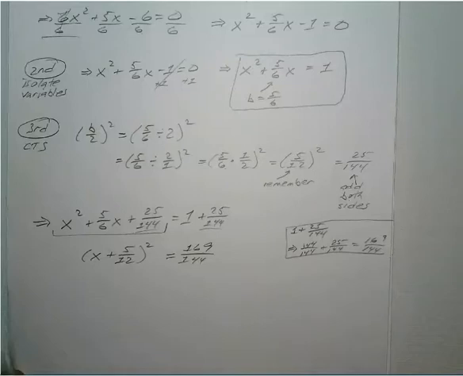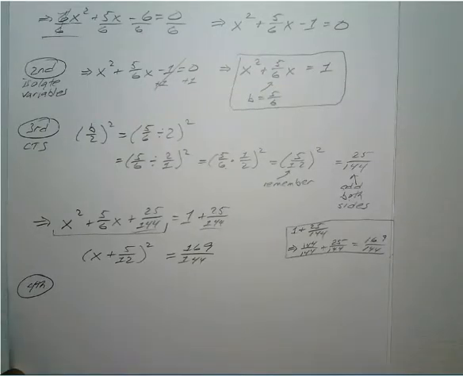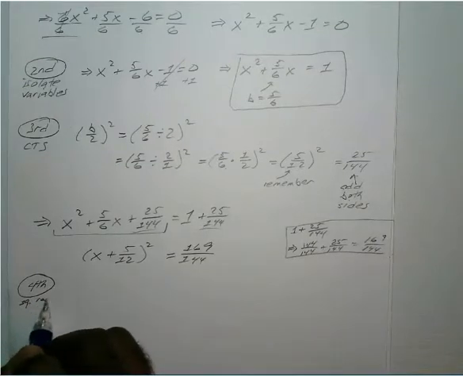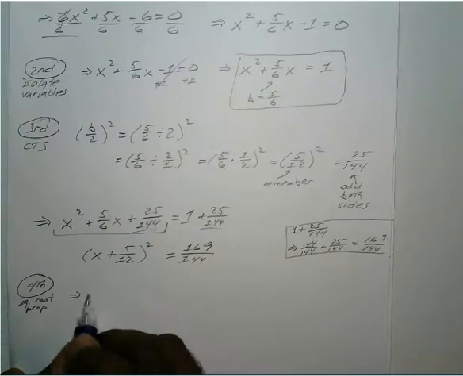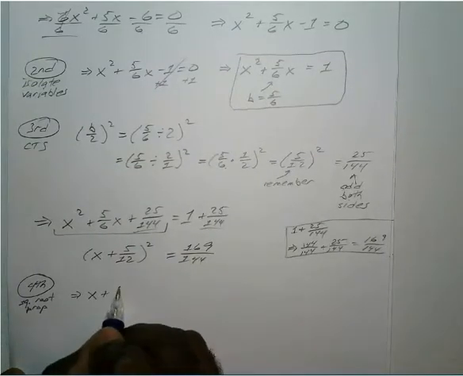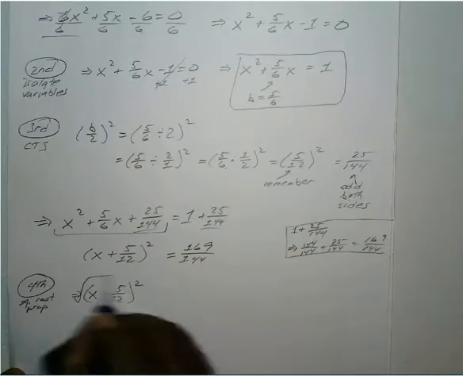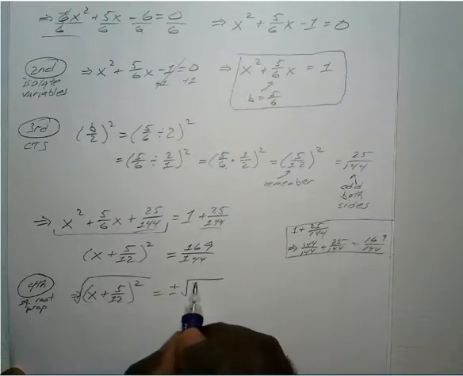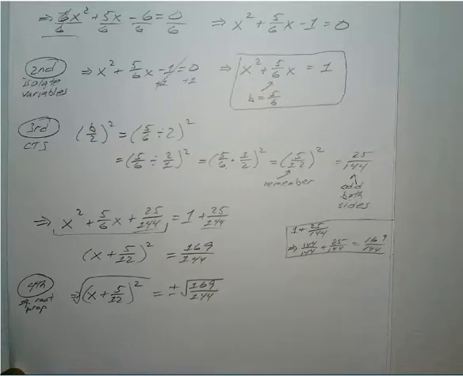Okay, so we go ahead and go to our fourth step, which is the square root property. Okay, so we go ahead and square root both sides here. So x plus 5 over 12 squared, I'm going to go ahead and square root of that, equals plus or minus the square root of 169 over 144.